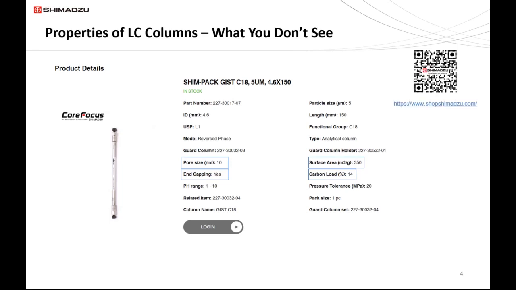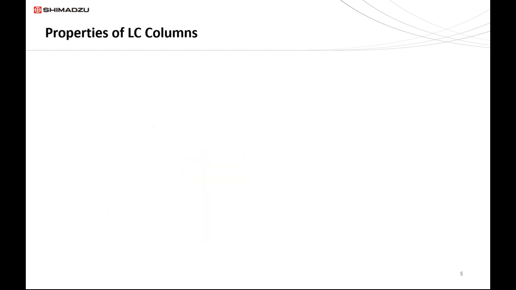Differences in these properties can result in very different separation profiles, and we shall see how each of these properties affects your separation. We will start with the physical dimension: the length, internal diameter, and the particle size. These are the properties that you can easily find on the label.